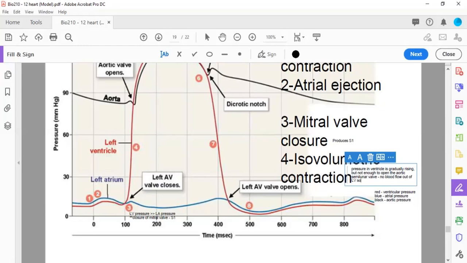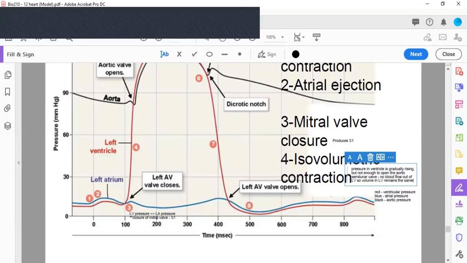So the volume in the left ventricle remains the same. All right, any questions on this? So you can see in this case with 4, there's a rise in the pressure in the ventricle, but it's not enough to open the aortic valve.